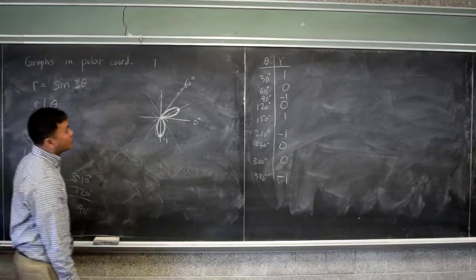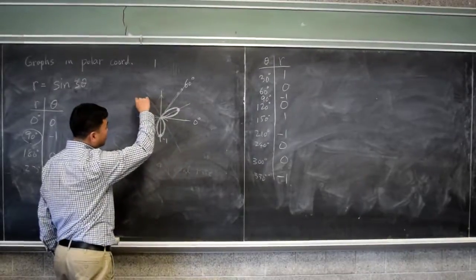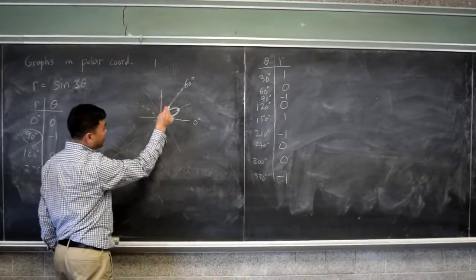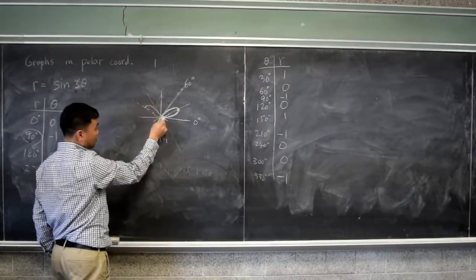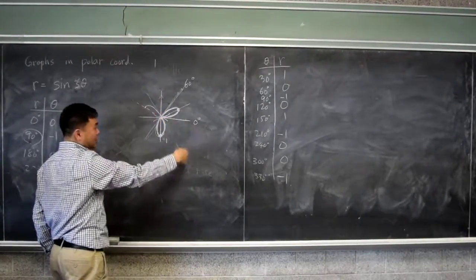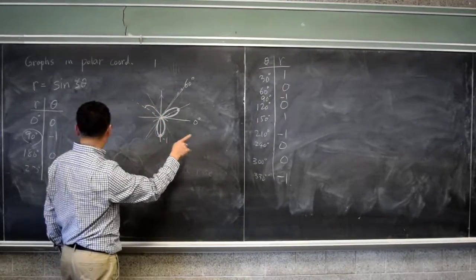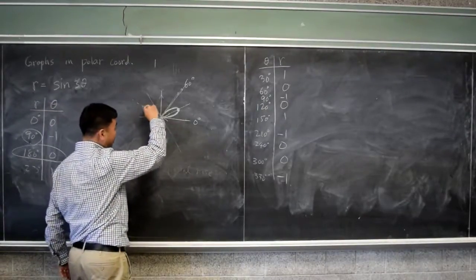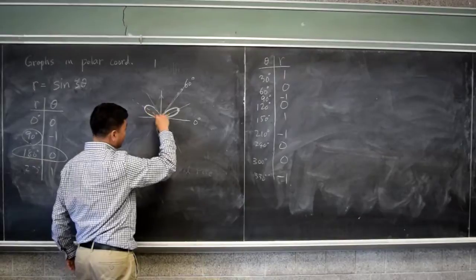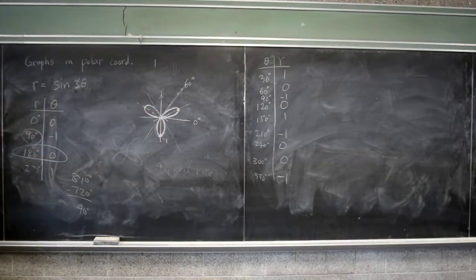At 150 degrees, it's 1, so this is 150 degrees, and it has to have this 1 here. Again making this the tangent line, it has to go like that. And the next side is 180 degrees. You come back like that. So you get the three petal rows at 180 degrees.